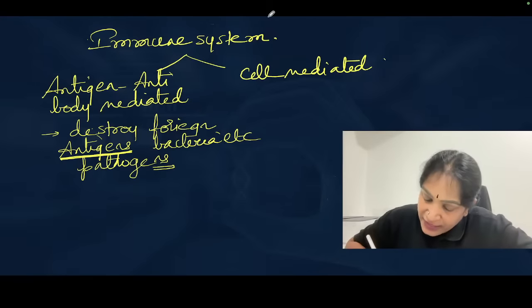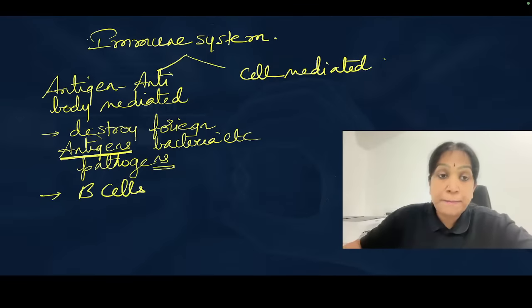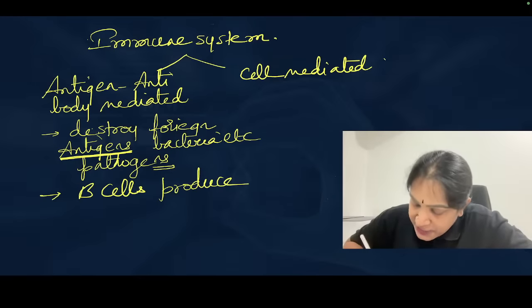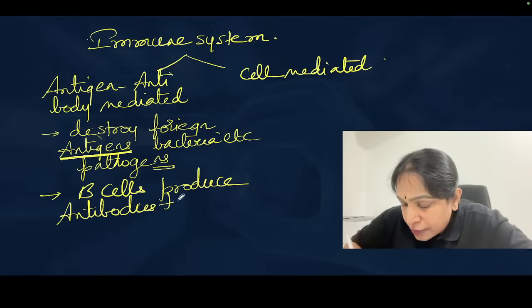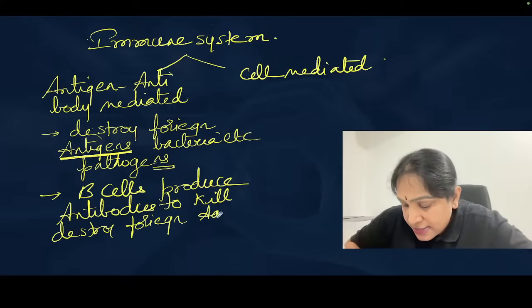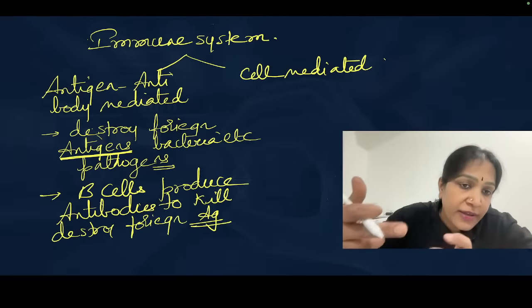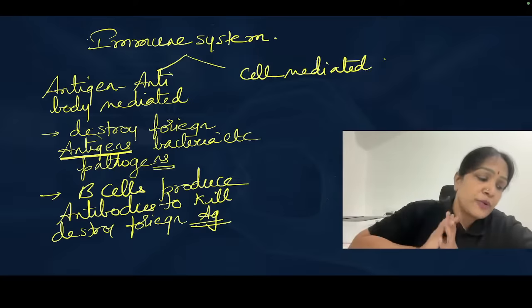Is it clear? Then a cell called B cells produce antibodies to kill or destroy those foreign antigens. To destroy that pathogen, that virus or bacteria, some cells called B cells produce the antibodies.